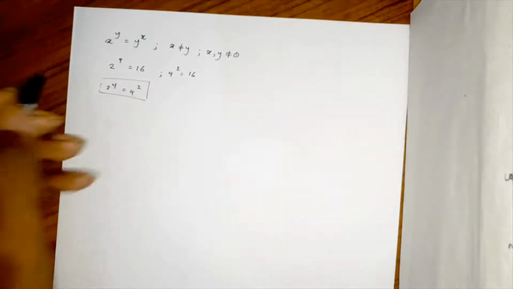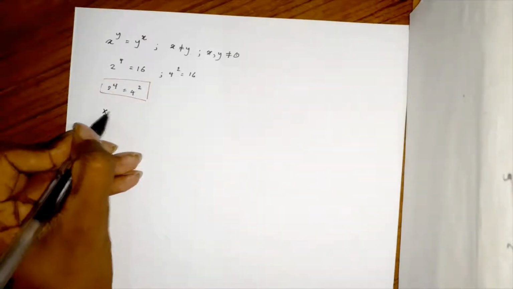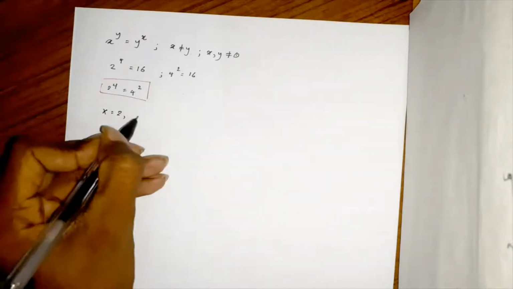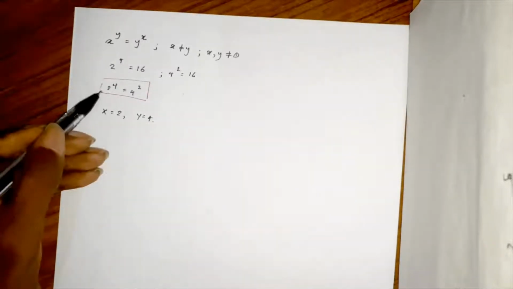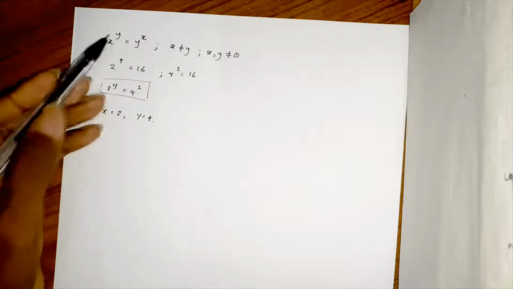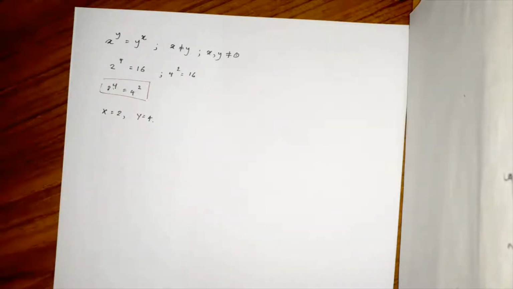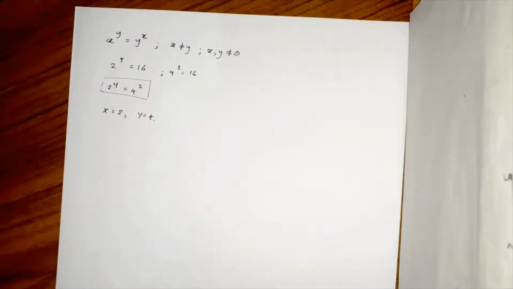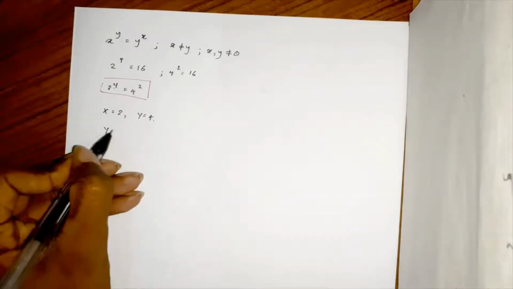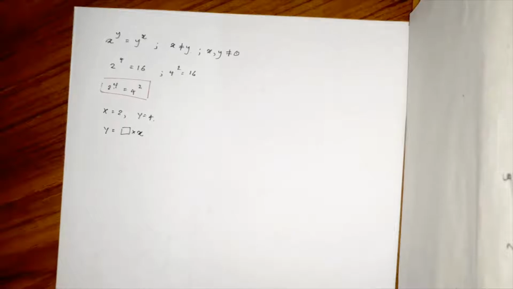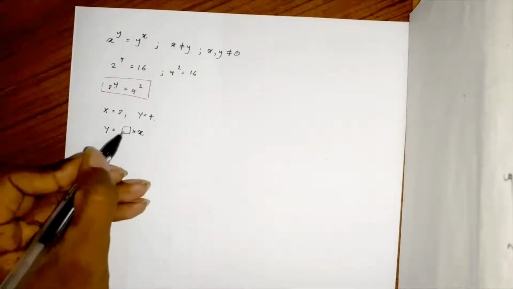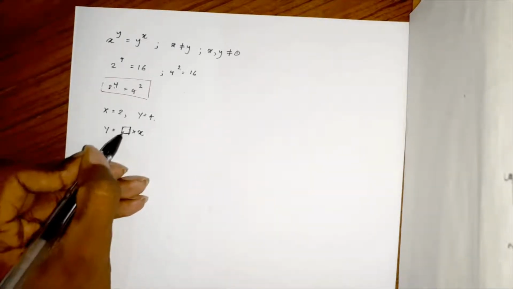Here we consider x as 2 and y as 4. You can see x is here, y is here, and y is here, x is here. As we see, y can be written as something times x. This something can be denoted by a parameter.